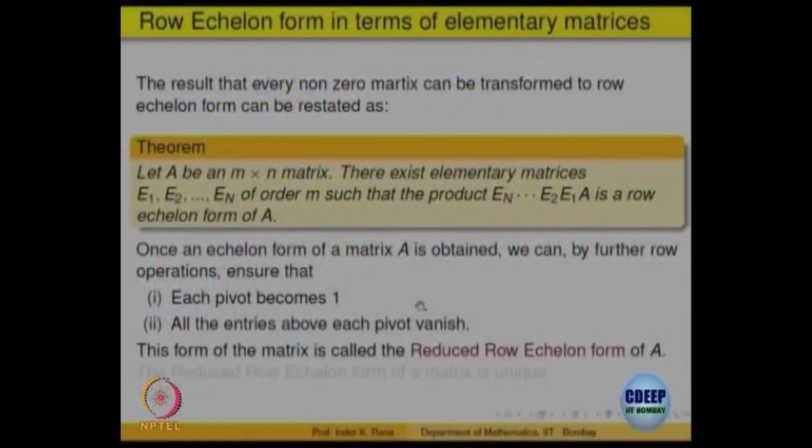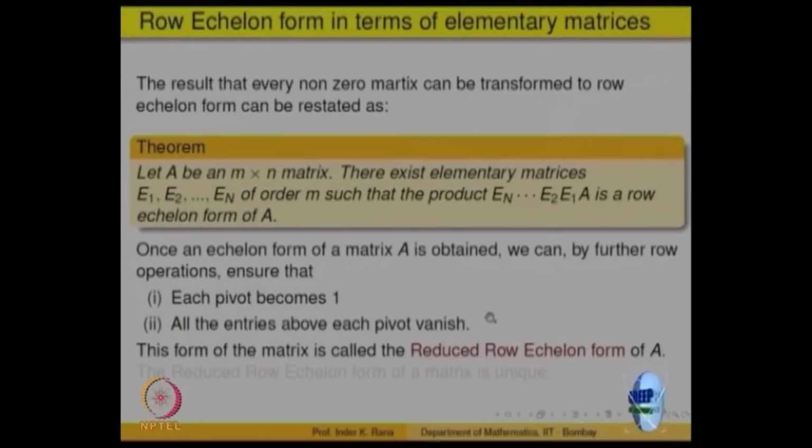So, we write this as: the row echelon form of the matrix can be further transformed by elementary row operations, so that each pivot becomes 1 and all the entries above each pivot also vanish. Vanish means what? They become 0. The appropriate word should be they are made 0.